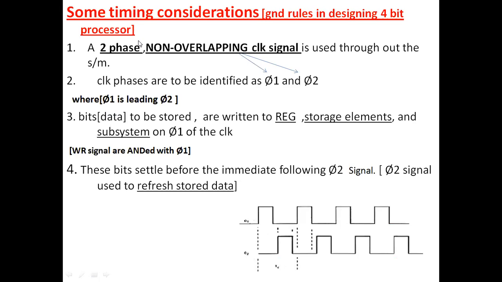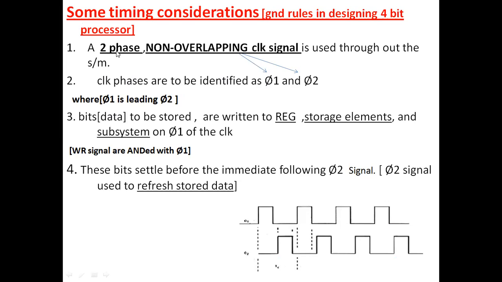The actual syllabus for your VLSI design class covers some important concepts regarding design, timing considerations, and ground rules in designing any system, for example the design of a 4-bit processor.